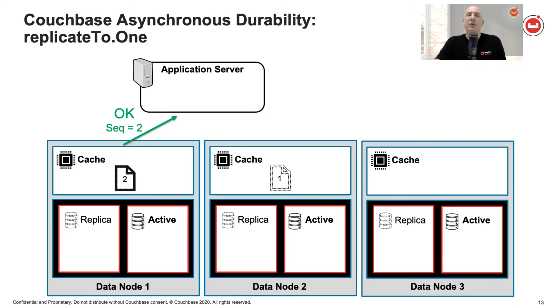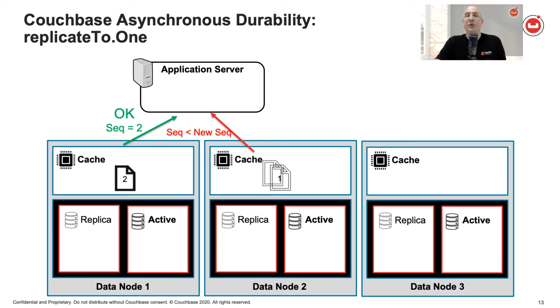Now the client polls the replica node and checks if the revision of the document has been changed to a new revision. In this illustration, we've changed the revision from 1 to 2. The SDK checks and realizes that the revision is still the old revision, so it figures that the document didn't get replicated successfully to the second node yet.